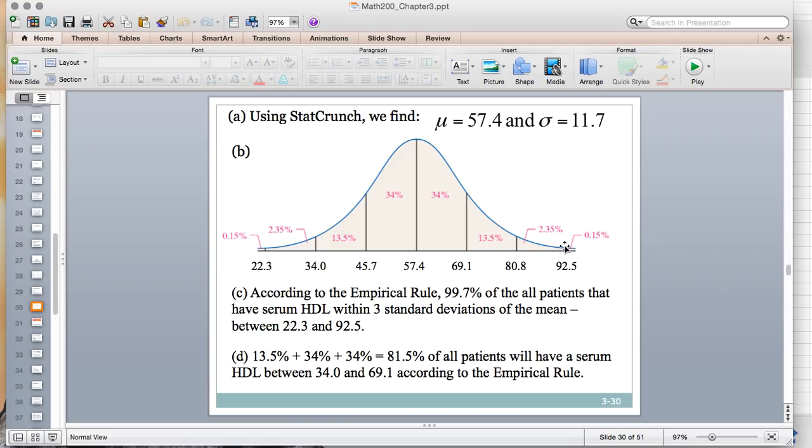So what we could say is that 99.7% of all of our patients have a serum HDL level within 3 standard deviations, so they are going to have cholesterol readings between 22.3 and 92.5. So from 22.3 to 92.5, we're going to have 99.7% of all of the patients, and that is within 3 standard deviations of your mean.